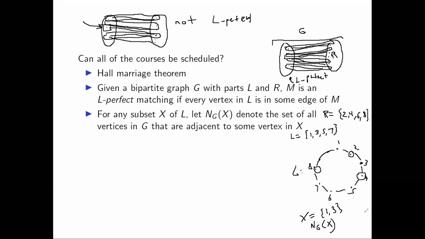And none of the other vertices are adjacent to either of them. So this is going to be the set 2, 4, and 8. So that's the set N sub G of X for that example.